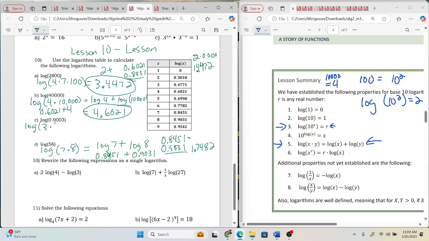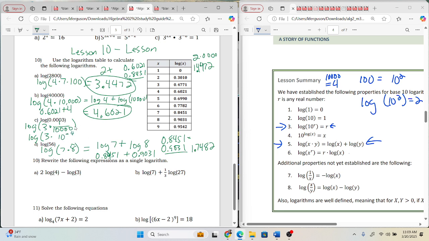So let's see. I got 1, 2, 3, 4 moves I got to make. So I'm dividing by, what did I say, 4 moves? There's 1, 2, 3, 4. That's 3 times 1 over 10 grand. Now, before you flip the script and get all confused, let's recognize what 1 over 10 grand means. 1 over 10 grand means that we're looking at 10 to the negative 4 power.